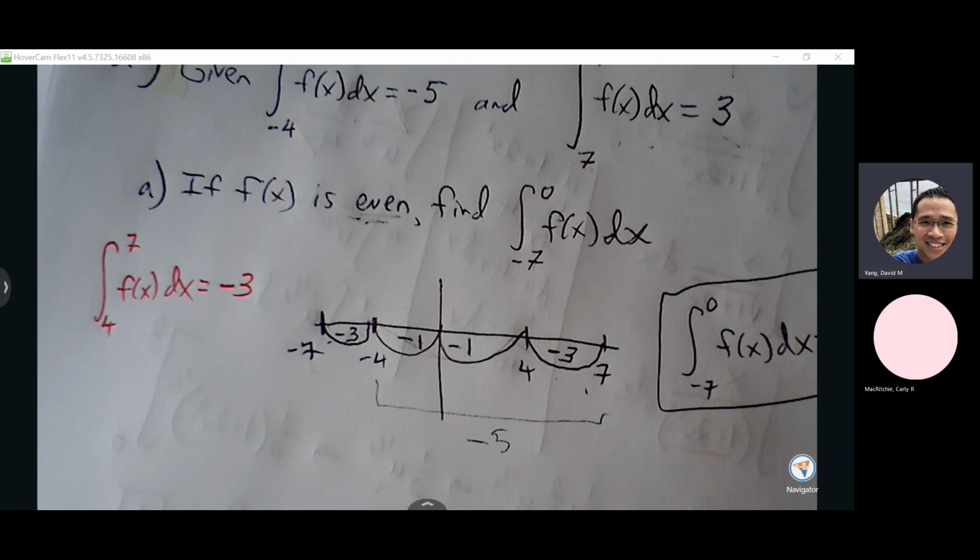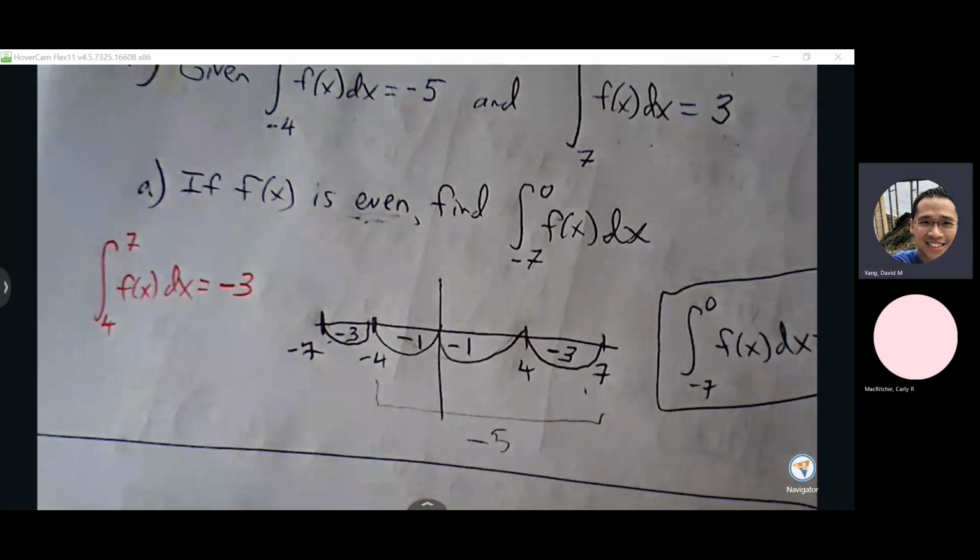Okay, odd function doesn't quite work with this example. Do you guys need to see an odd property? Create another scenario here.